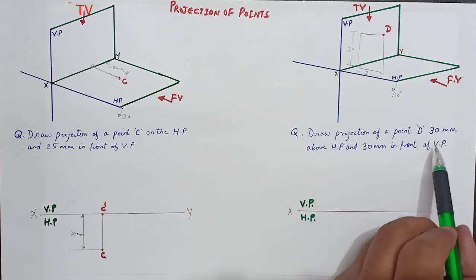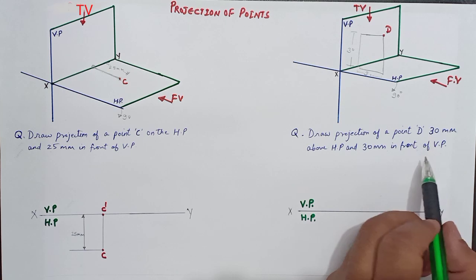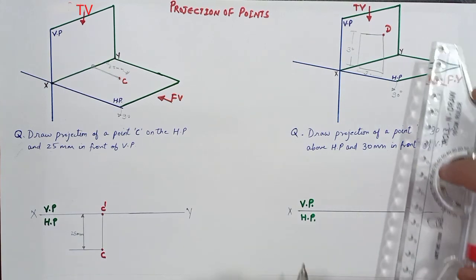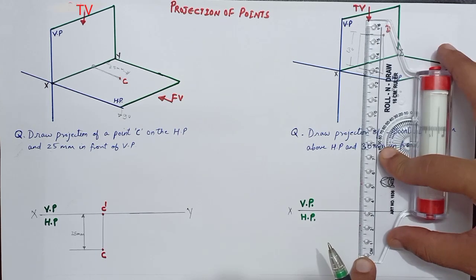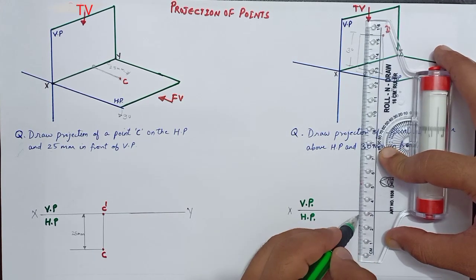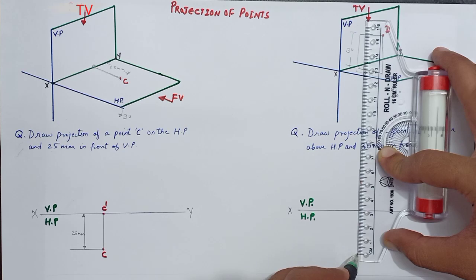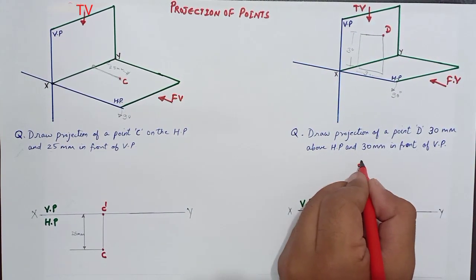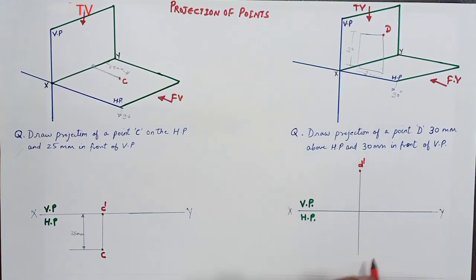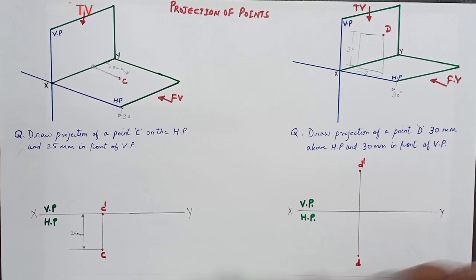Since we know that the distance of point D is 30 mm above HP and 30 mm in front of VP, simply we will just mark the distance 30 mm above XY line and 30 mm below XY line. So this will give you D dash, that is front view, and D, that is top view.